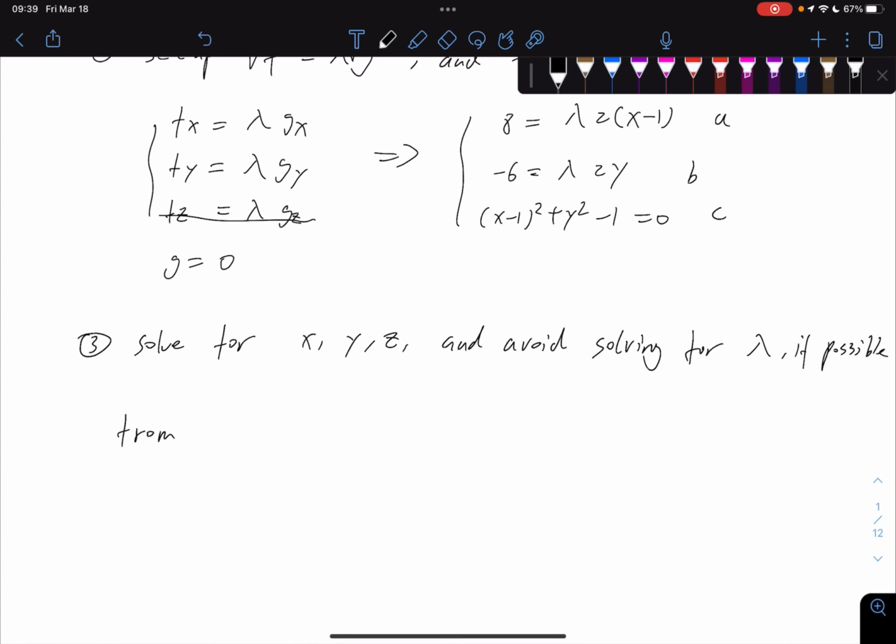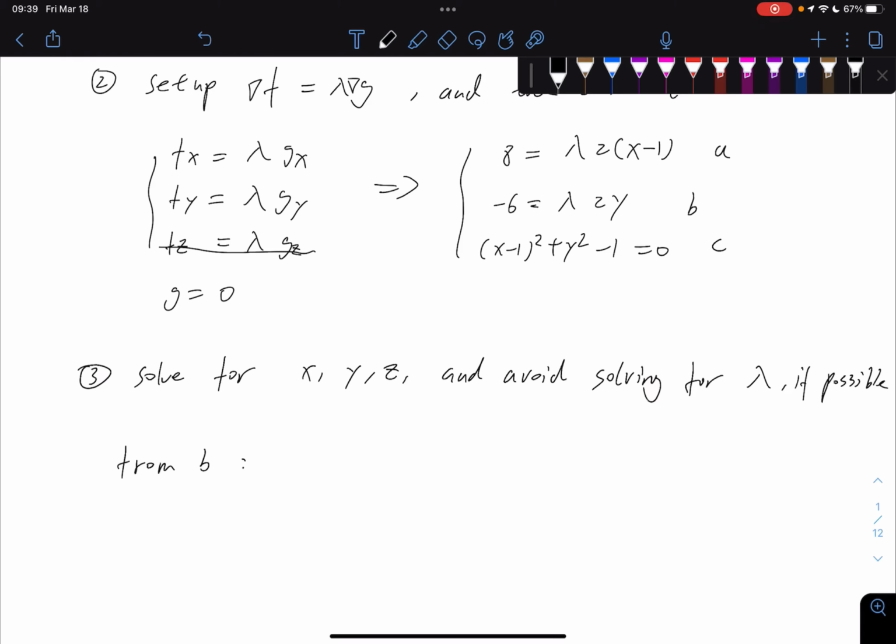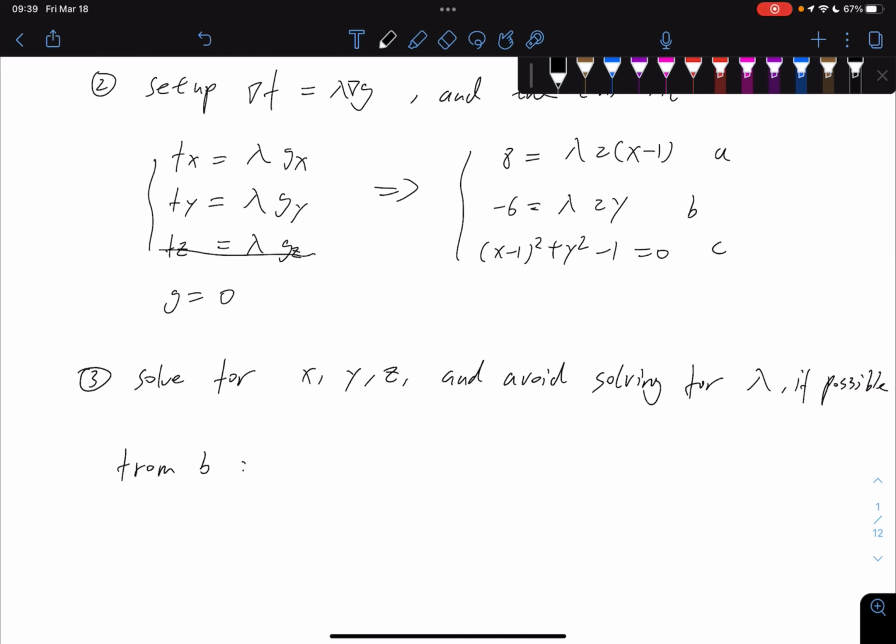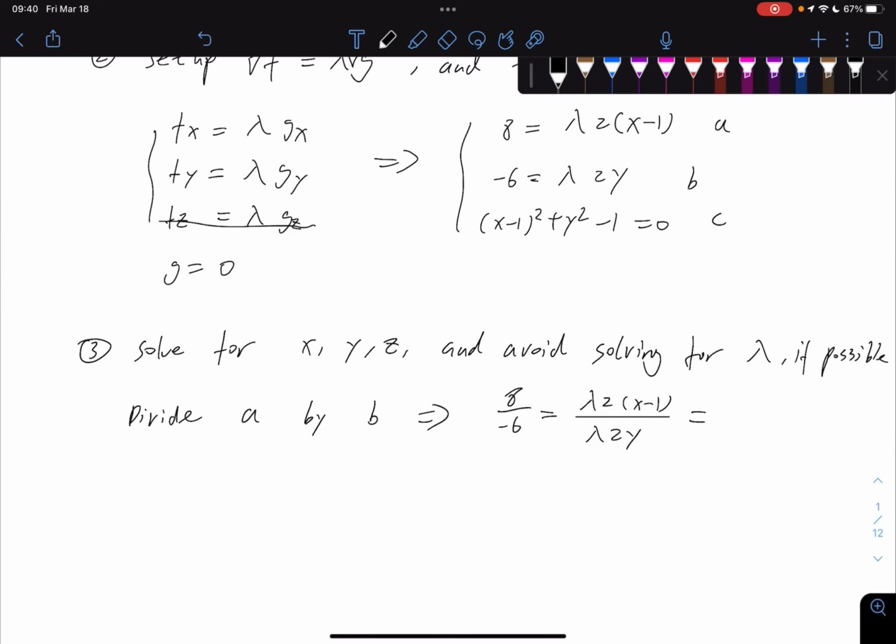So from Alpha and Bravo, we are going to divide A by B. So we will get 8 over minus 6 equals lambda times (2x minus 1) over lambda times 2y, which gives us (x minus 1) over y.